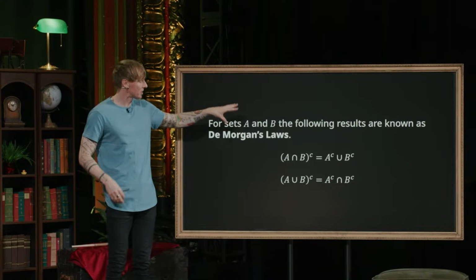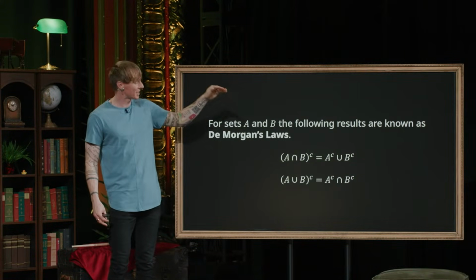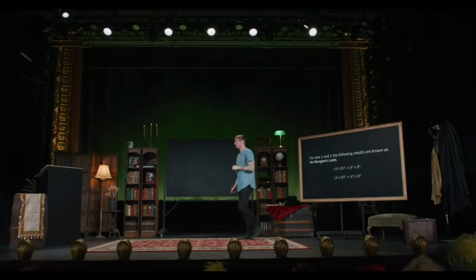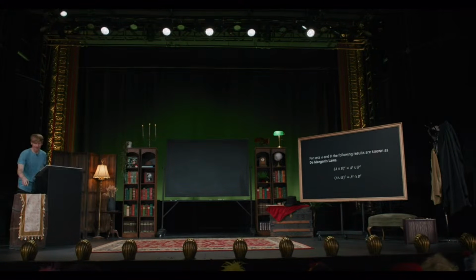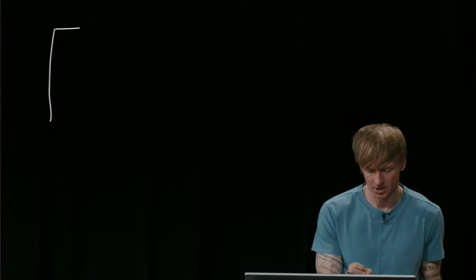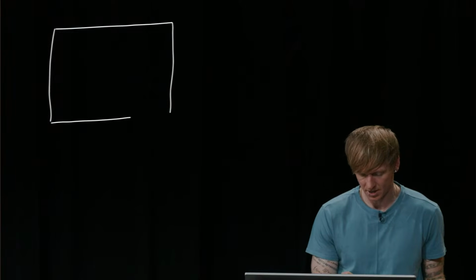Now I'm going to pop over to the board, and we're going to look visually at what is happening in this first of De Morgan's laws. So we will use our tools of Venn diagrams to help us to visualize this. And we're interested in two sets. So we have our universe given by the rectangle here.